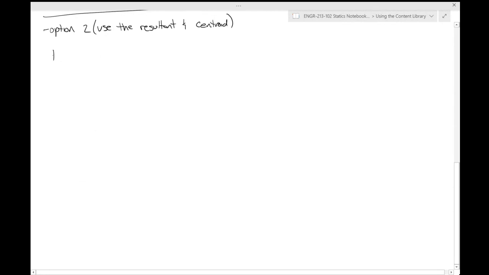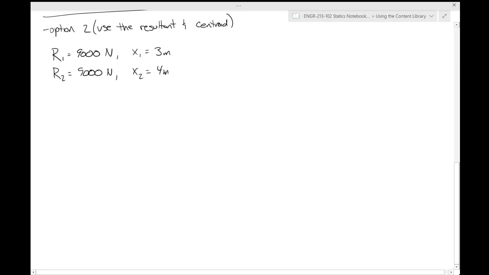So we have R1 is 9,000 newtons, and its distance from A is 3 meters. We have R2 is 9,000 newtons, and its distance from A is 4 meters.